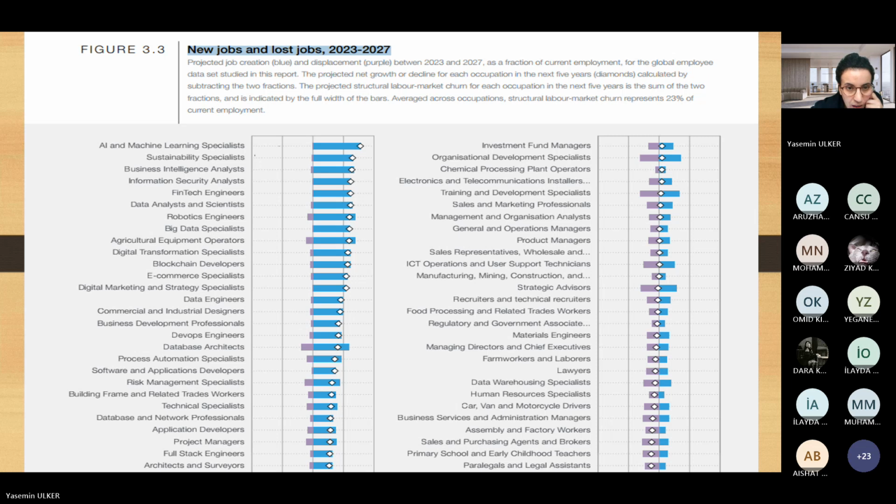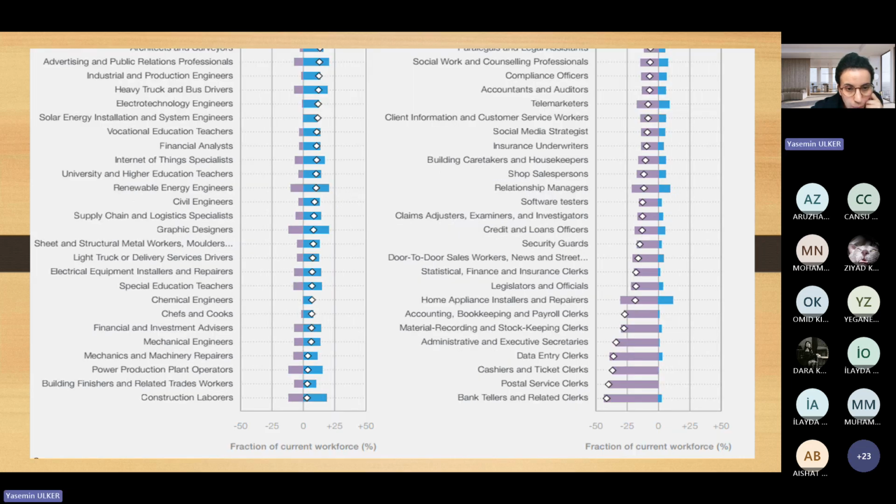Now we're going to see the purple ones. Purple will be the lost jobs. Look, purple: bank clerks, postal service, cashiers, data entry clerks. So until here, you see, accounting, bookkeeping, payment checks, they are all going to lose their jobs.